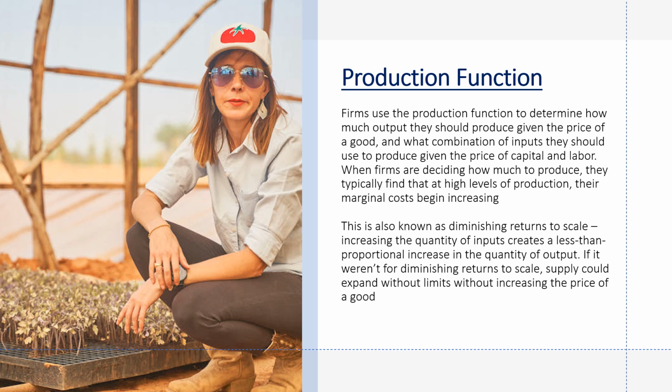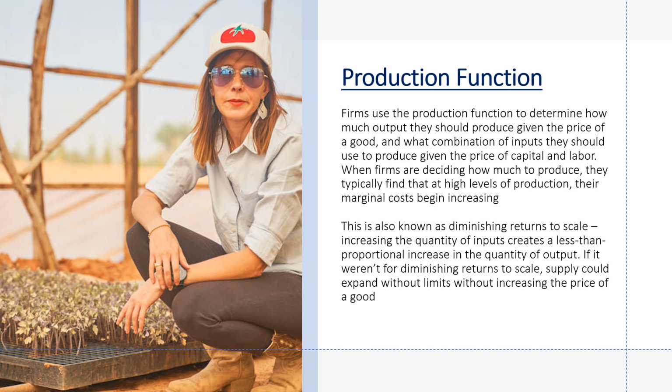It's also used to find out what combination of inputs they should use to produce their products given the price of capital and the price of labor. When firms are deciding how much to produce, they typically find that at high levels of production, their marginal costs begin increasing.